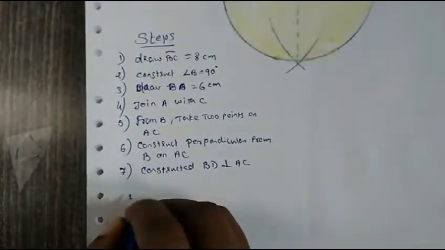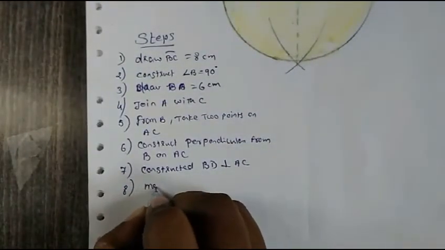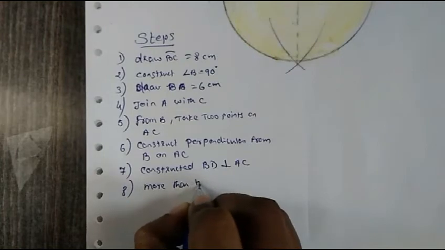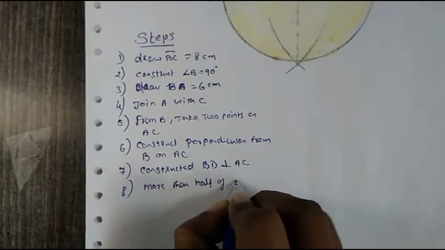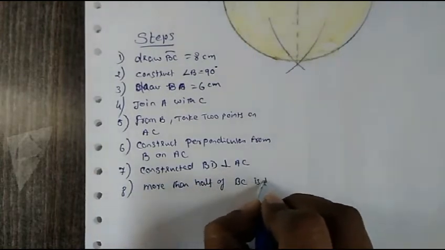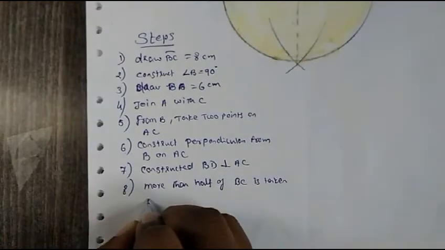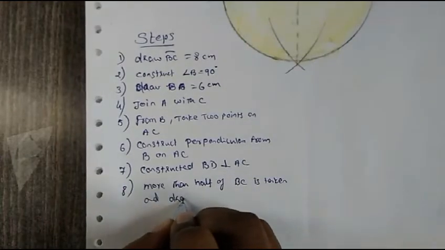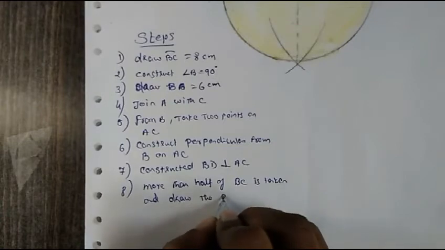So you can write down that more than half of BC is taken and draw the perpendicular.